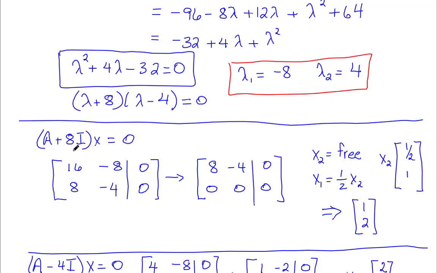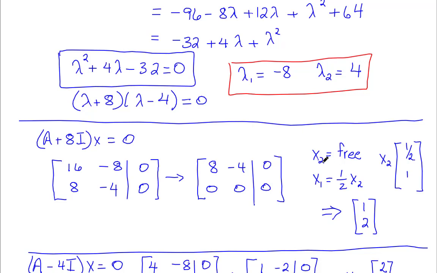Solving for the eigenvector that goes with minus 8, it's A plus 8I times x. All right, so putting that in, I've got to figure out when is this 0. So I switched row 2 to be row 1, multiplied through by minus 2 and added it to get all zeros for row 2.